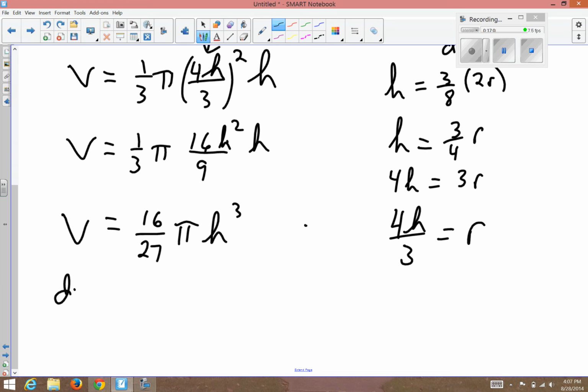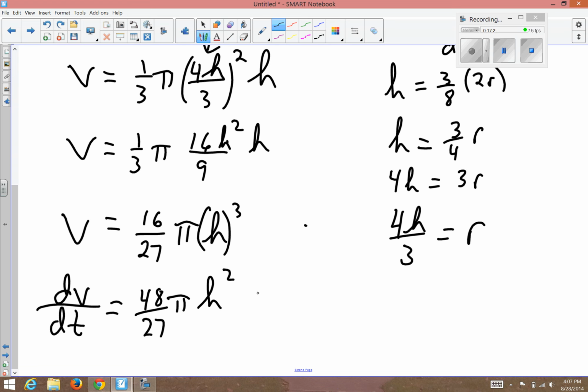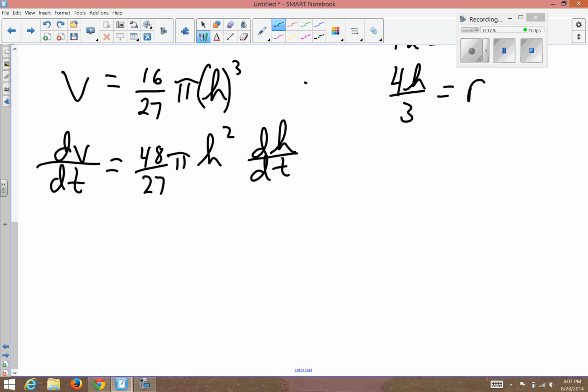The derivative of the left side with respect to time equals the derivative of this side, which is going to be that number 3 times that number, 48/27 pi, h to the second power times the derivative of what's in the parentheses with respect to time. 48/27 can be reduced to 16/9. dv dt equals 16 pi over 9 h squared dh dt.